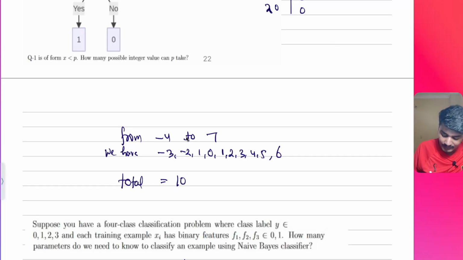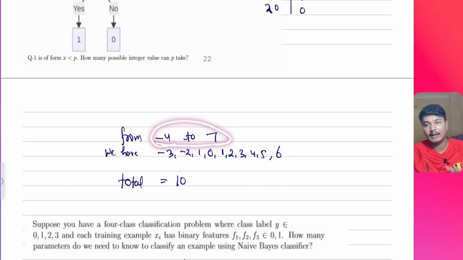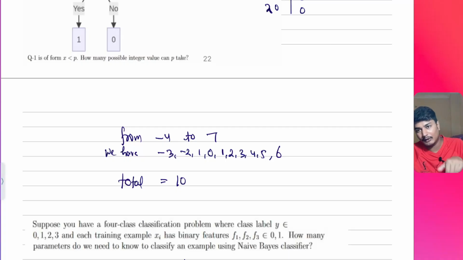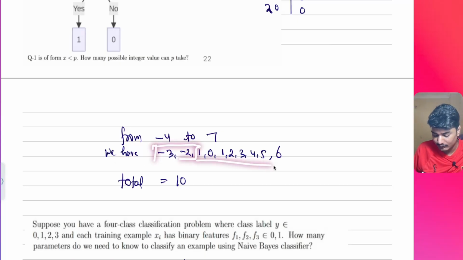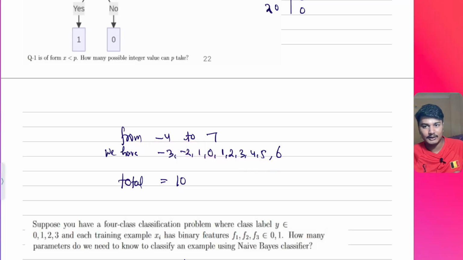So I can take p as any value from 4 to 7, and it will give me 1. Except that 0 is an outlier, you can say. So how many values do we have? We can take -3, -2, 1, 0, all these points, and we will get the decision separated. So the total number of points is 10, including 0 as well.